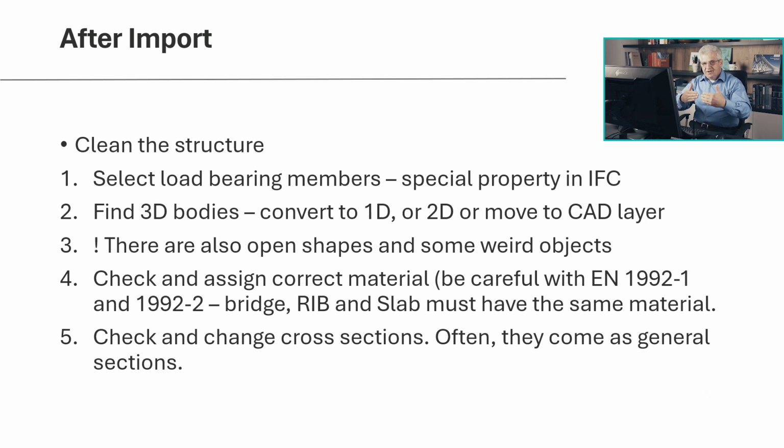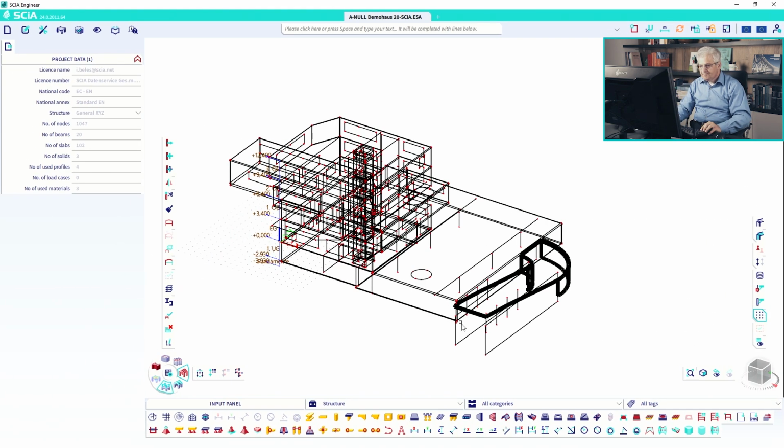To make a difference between objects you need and objects you don't need, there is one property of the objects which is commonly used, and this is load bearing. This is in all CAD softwares I know, it's included. So it's also in SCIA Engineer.